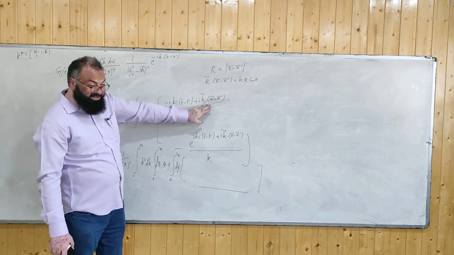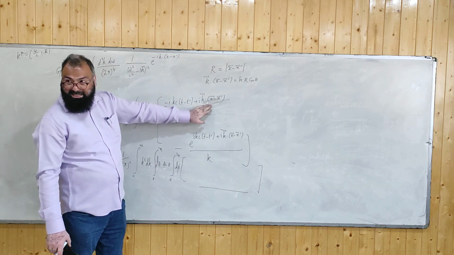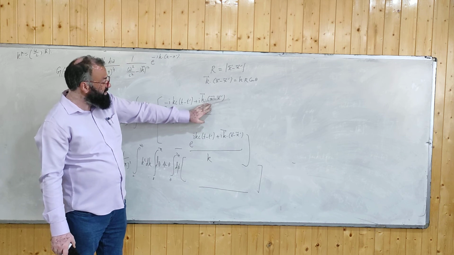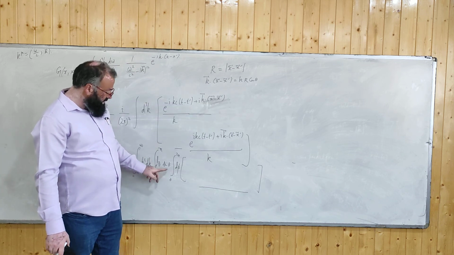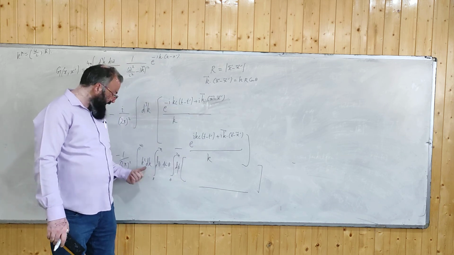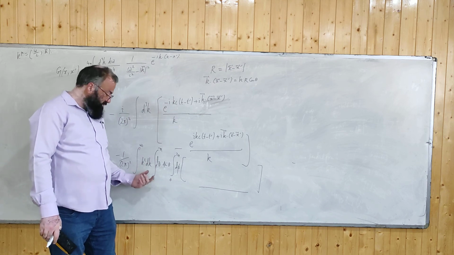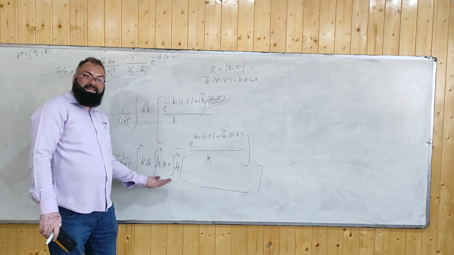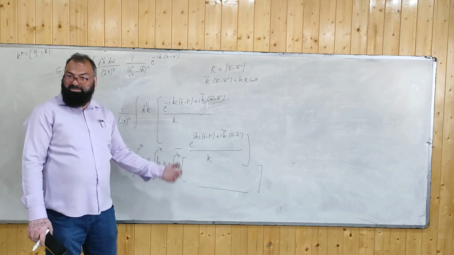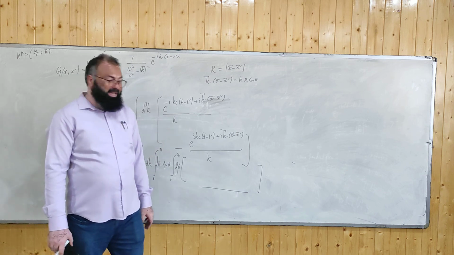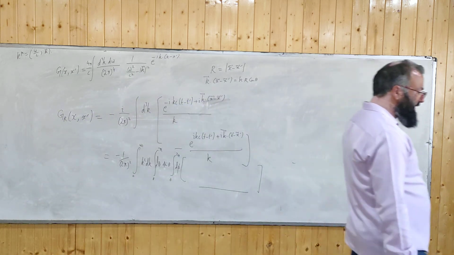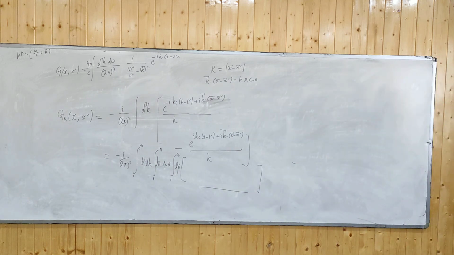You first integrate over theta. Then in the denominator you will get 1 by k, and that k will cancel with this one. You will then have only a function of k. Then you integrate over k from 0 to infinity. I will write the final integral that you will be getting. So you will get this kind of thing.